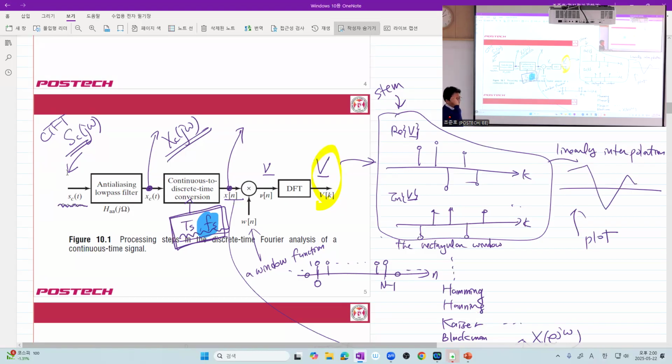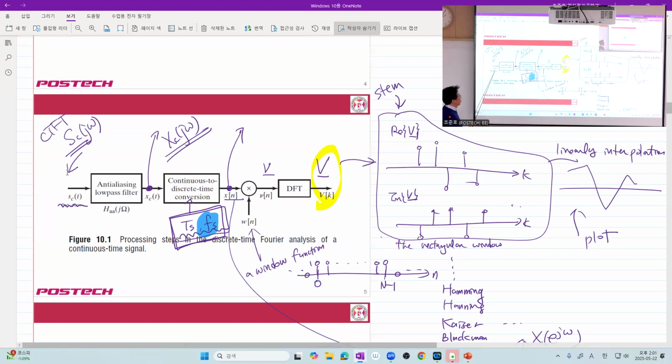It's all about the continuous time signal, uniform sampling, and use of DFT to extract some information about the original continuous time signal. So here is the signal, s sub c of t.